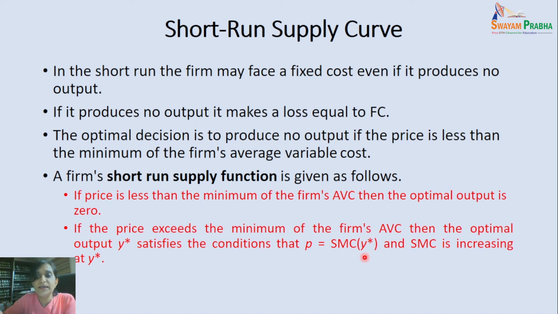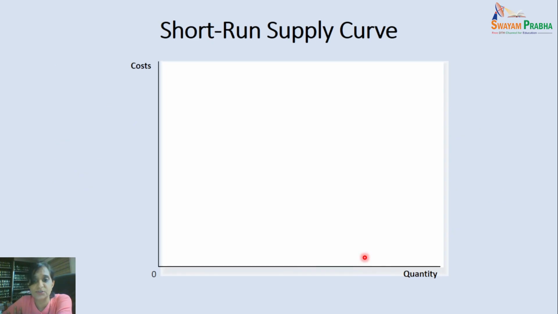After this point, the rising portion of the marginal cost curve will become the short-run supply curve. So what we intend to say is that for a firm in the short run, the supply curve is the rising portion of its marginal cost curve.